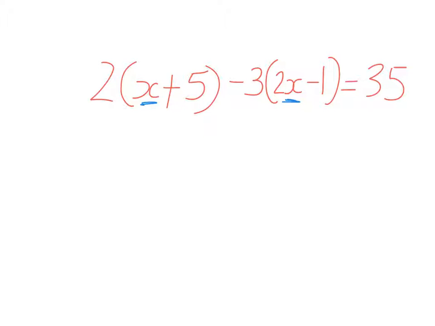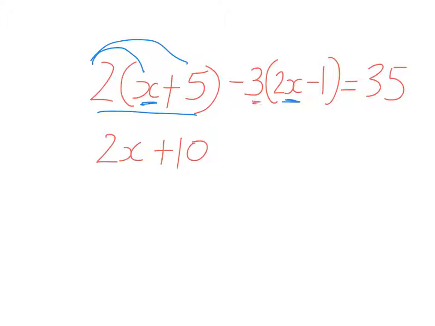So it's important that you remember, we did this early in the year in our algebra topic. So remember, we distribute the thing outside the brackets to everything inside the brackets. So this will become 2 times x, which is 2x, plus 2 times 5, which is 10. Let's do the second bracket.